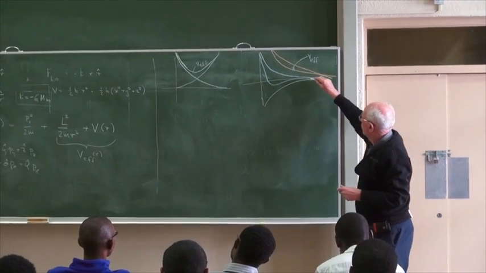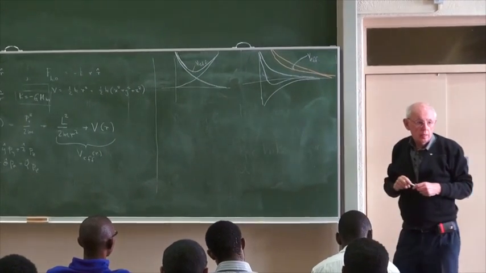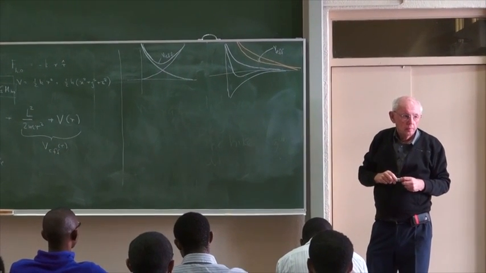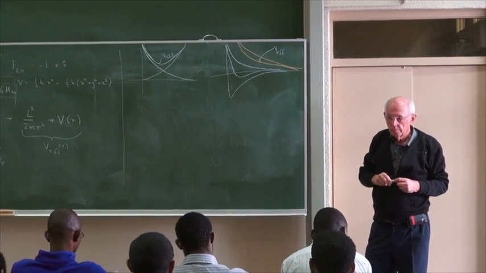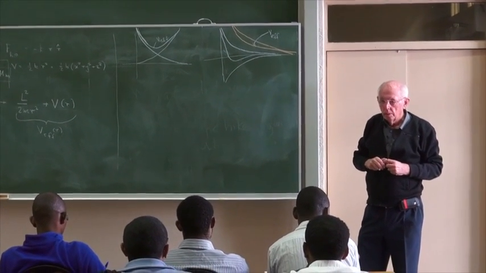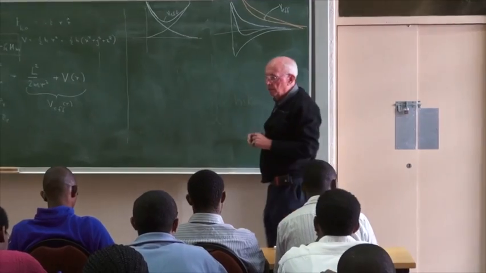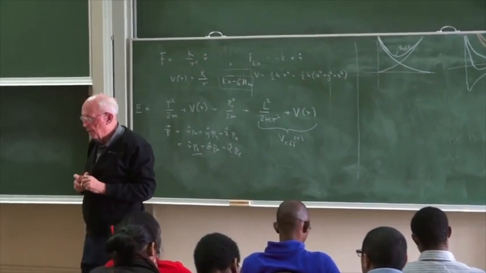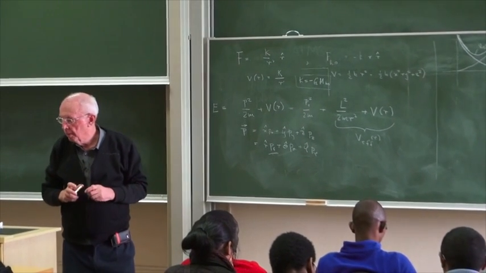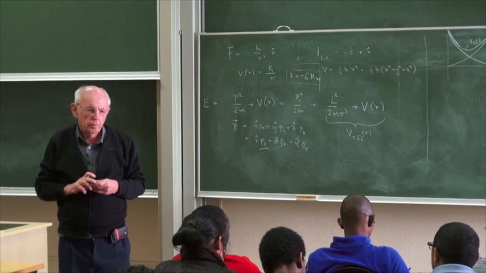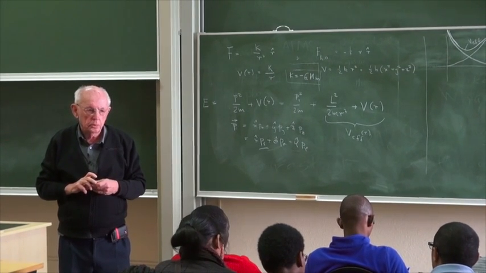And this is the V effective. And so what then? Someone come up with a proposal. What are the possibilities? Then choose one.